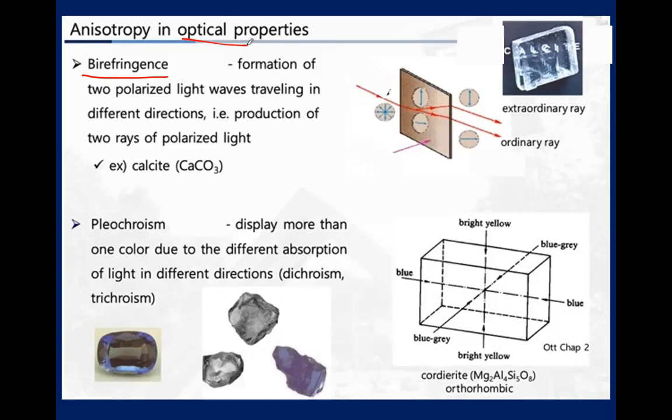So it's a light property. As a result of the incidence of light rays, some crystals show different features. These are optical properties. In the second year optical mineralogy course, you will learn in detail about optical properties, and birefringence is one of those.